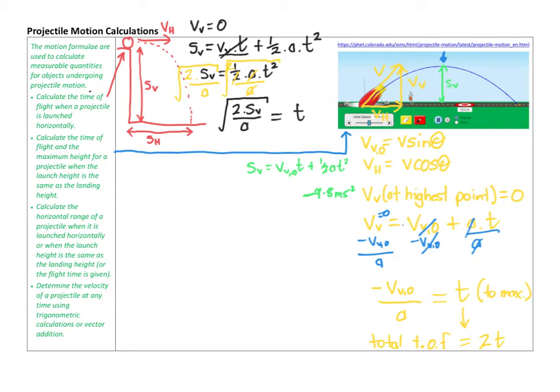Finally, actually before I say that, we could also have used this formula here, which is that V squared equals V0 squared plus 2AS, and just worried about that in the vertical, because we know the initial vertical velocity, we know the final vertical velocity was 0.